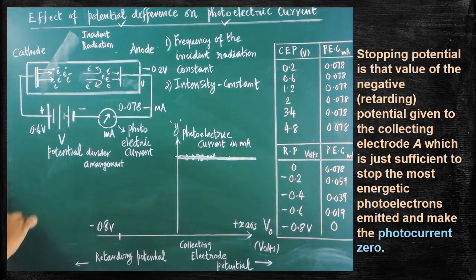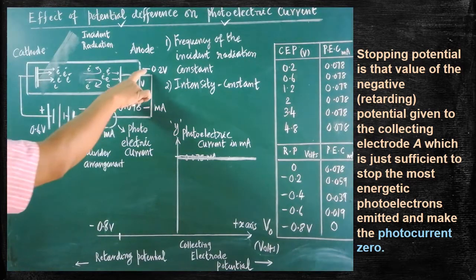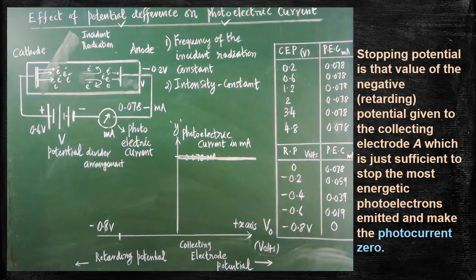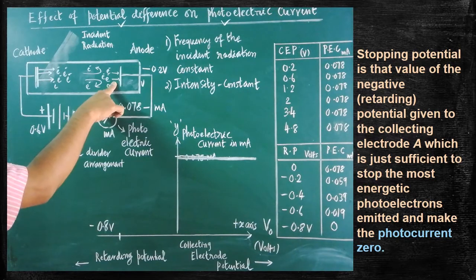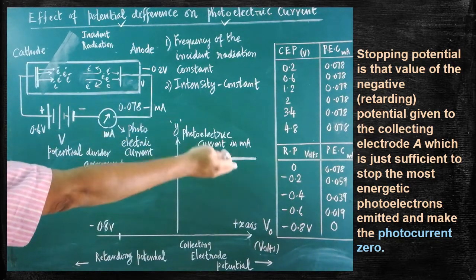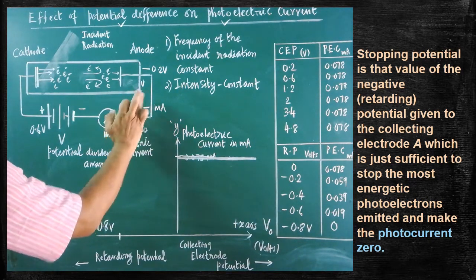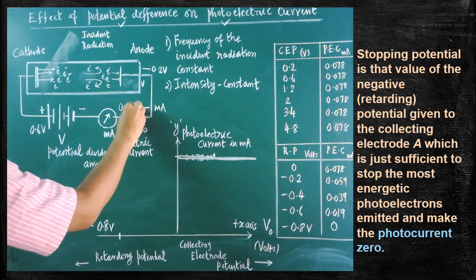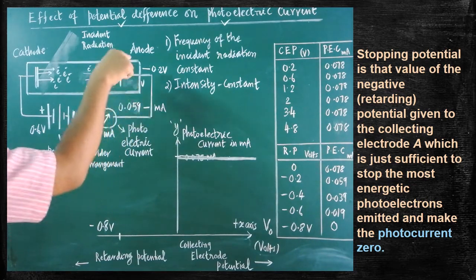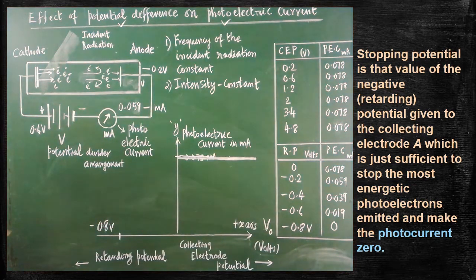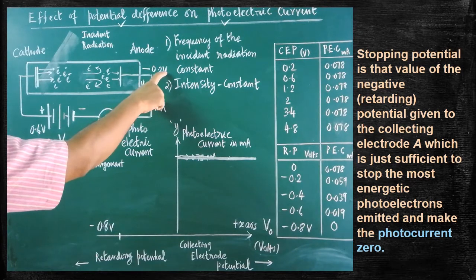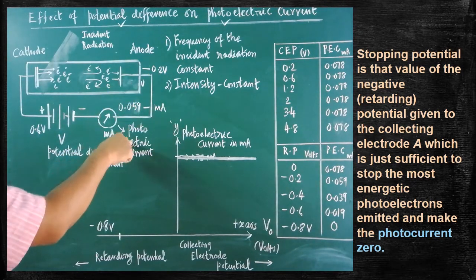Why are they repelled? Because negative potential is given here. Very few electrons alone will reach the anode. Because of that, the current is reduced to 0.059 milliampere. When the anode potential is minus 0.2 volt, the current value is decreased.